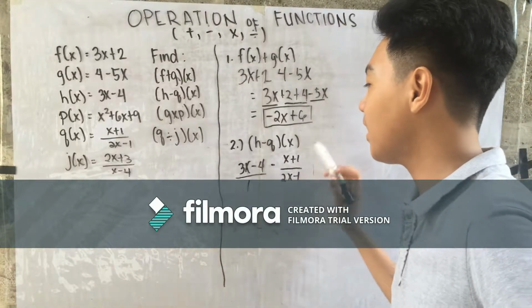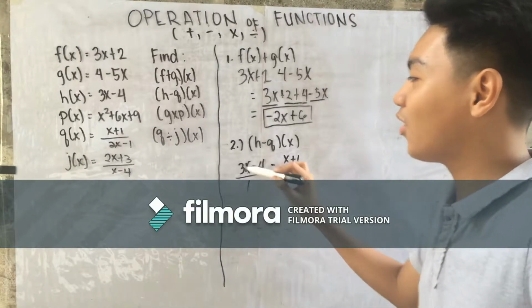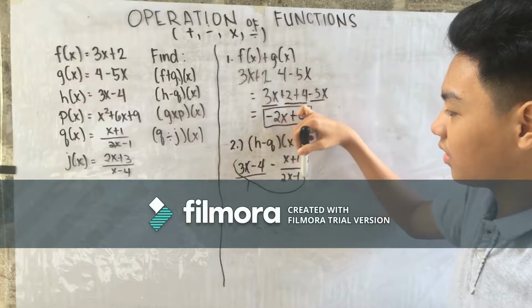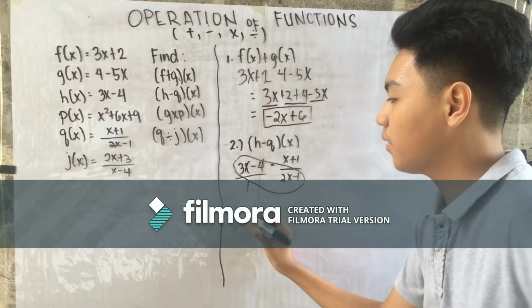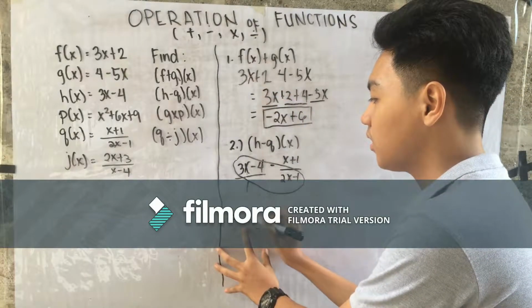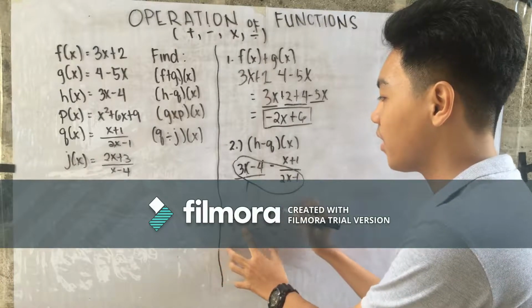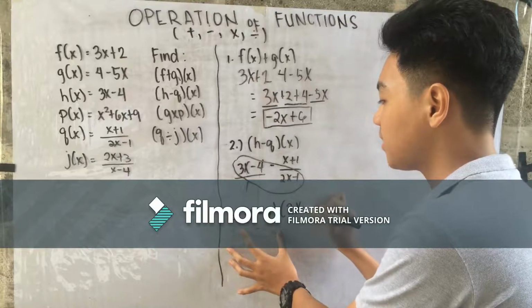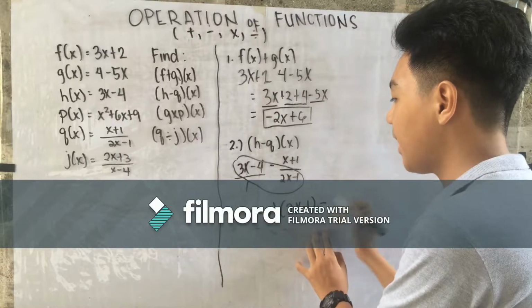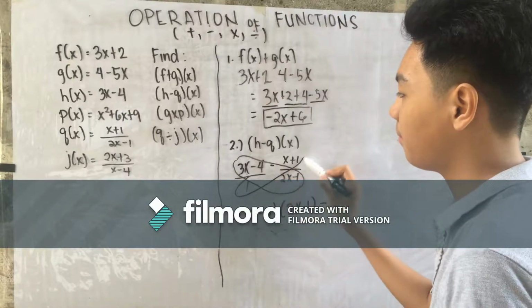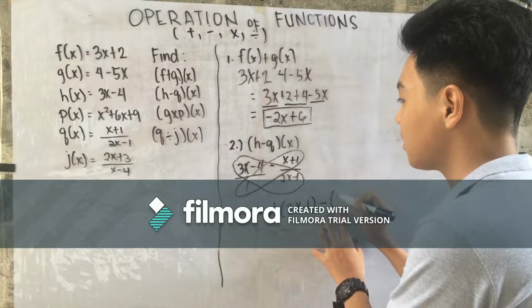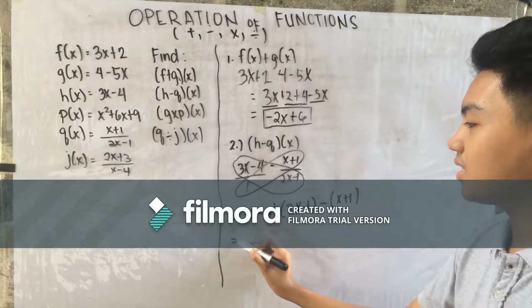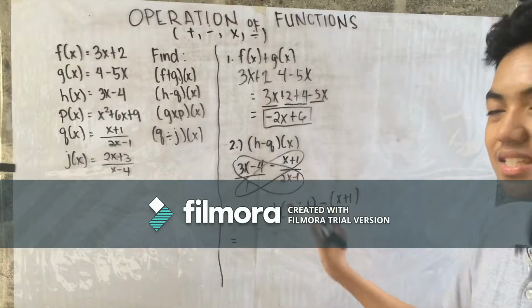So, unang gagawin natin is cross multiply natin. Ito muna ng dalawang to. Yan. So, equals to 3x minus 4 times 2x minus 1 minus, ito namang dalawa, minus x plus 1. So, next na gagawin natin is ipo-FOIL method natin sila.